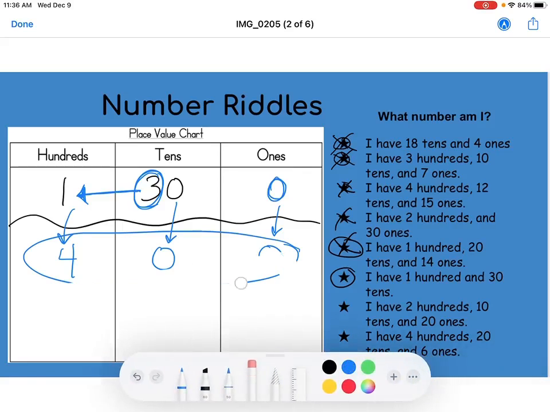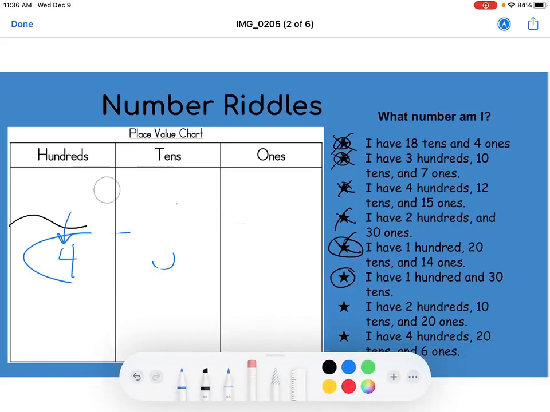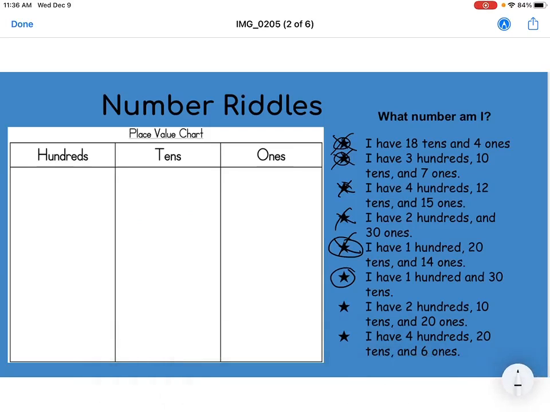So I'm going to erase, but you go ahead and make a new place value chart for the next riddle. And let's see what they want us to do. Okay, so we finished that one, and we are on this one.